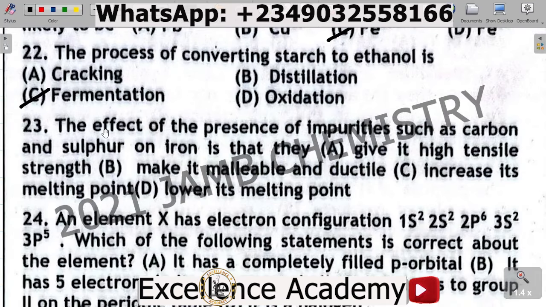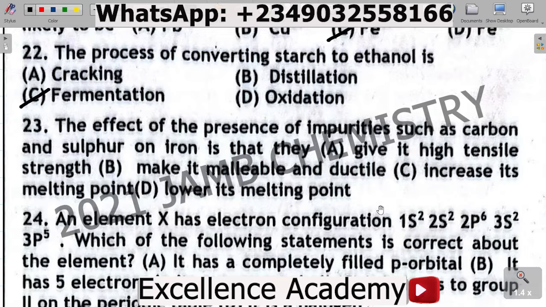Question 23. The effect of the presence of impurities such as carbon and sulfur on iron is that they: A. Give it high tensile strength, B. Make it malleable and ductile, C. Increase its melting point, D. Lower its melting point.